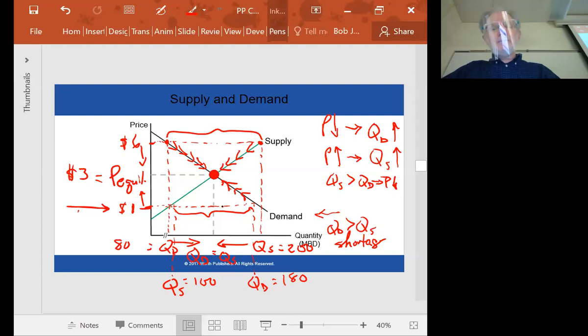I don't want to spend much time on it, but I'll just give you the bottom line. When you have a price floor, when the government keeps the price above the equilibrium, you're going to have a surplus. And that's what happens with the minimum wage. The minimum wage creates a surplus of workers, which means the unemployment rate will be higher than it otherwise would have been.